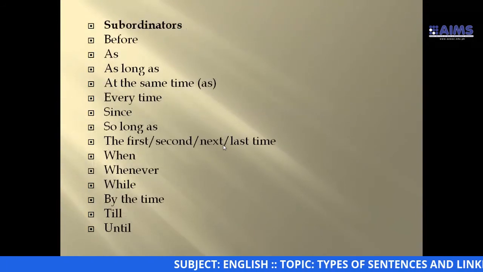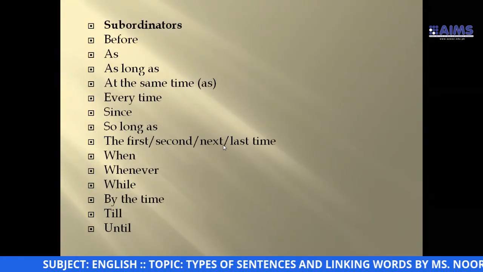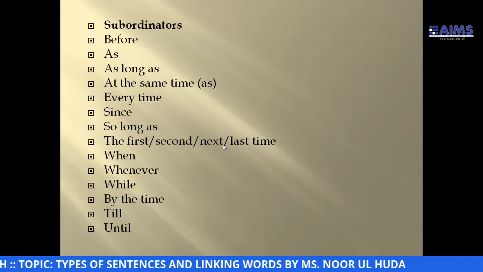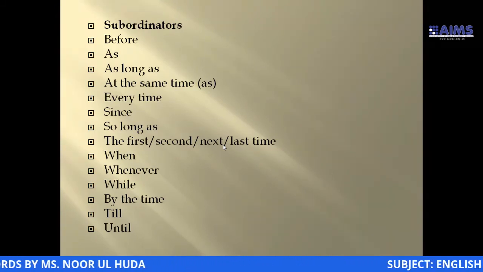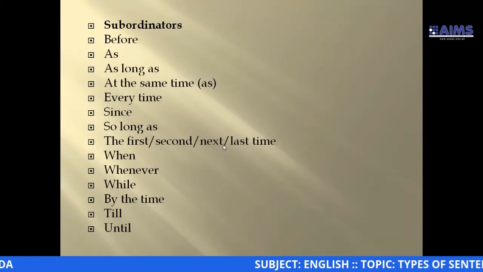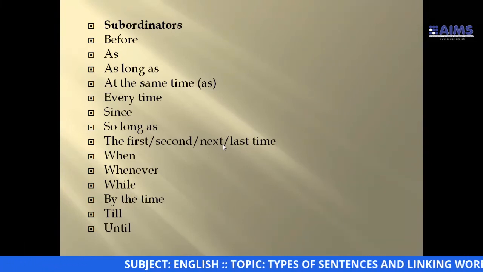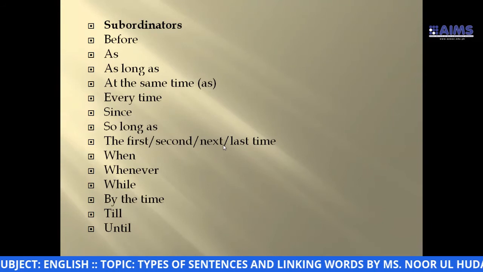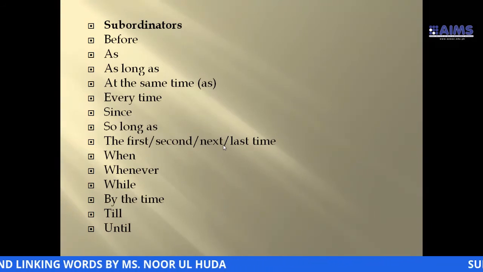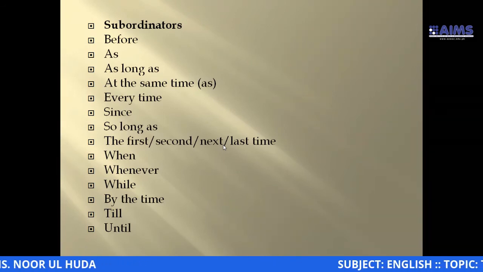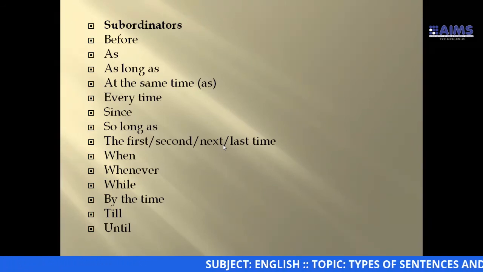Okay, now the other thing is subordinators. Subordinators are the subordinating conjunctions which we discussed some time before. When we talk about subordinating conjunctions, we use two kinds of clauses in a single sentence to form the connection between them.